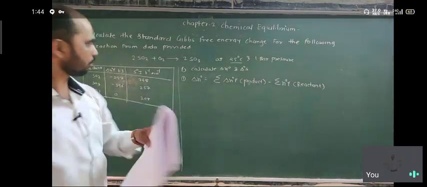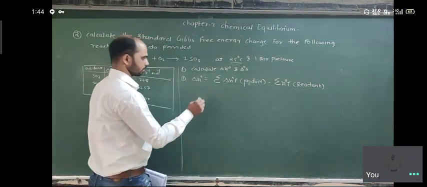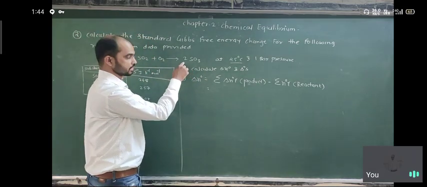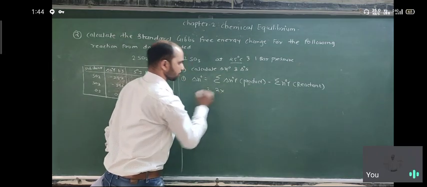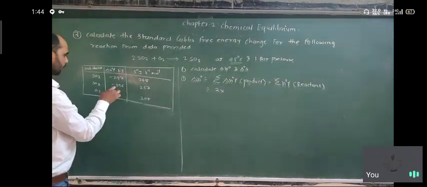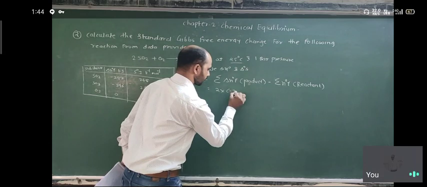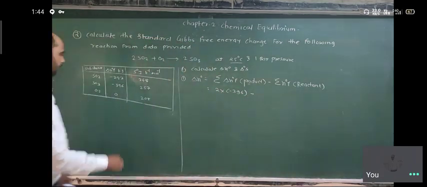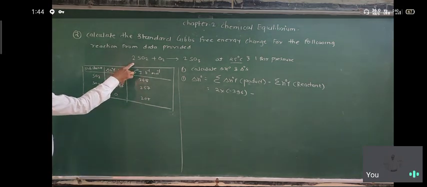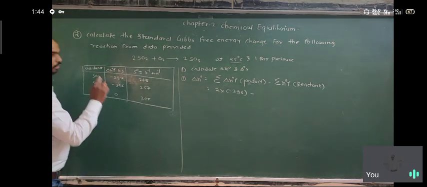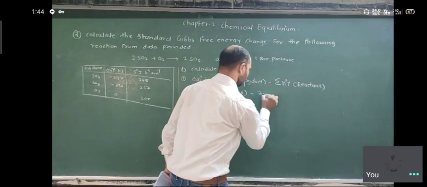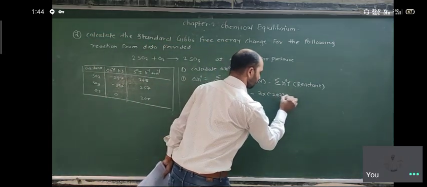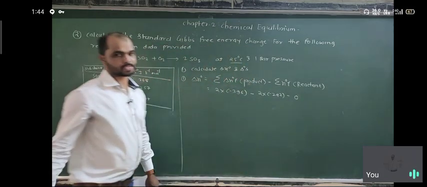If we use this formula, for the product the coefficient is 2, so 2 into the value given for SO3, which is minus 396, minus the reactant side, where there is SO2 with coefficient 2, so 2 into minus 297, minus 0 because O2 has 0.